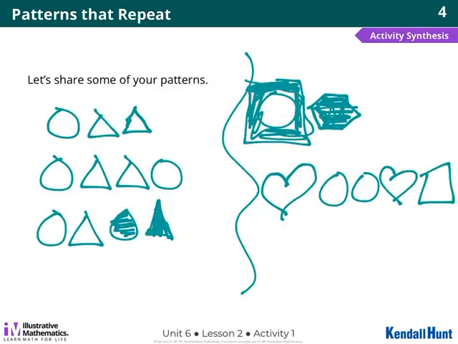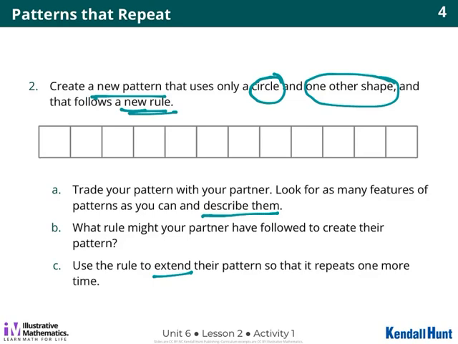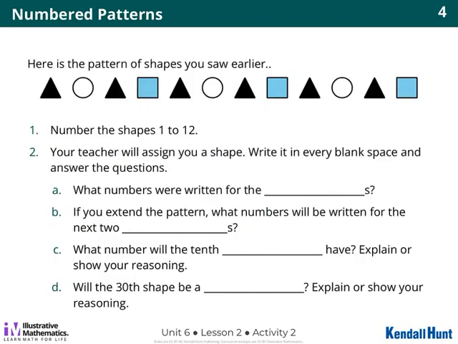Oh. You had a circle, a heart, and a square. You're fired. Just kidding. Okay. I think that is a really good, friendly reminder that we need to read the directions. I totally missed that also. Okay.